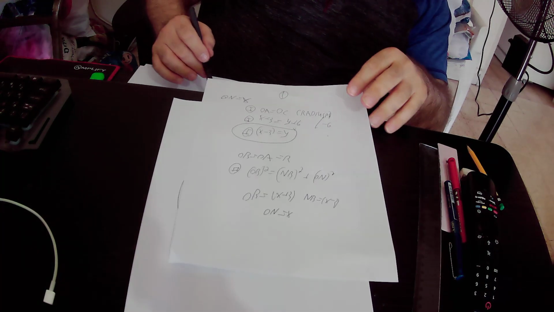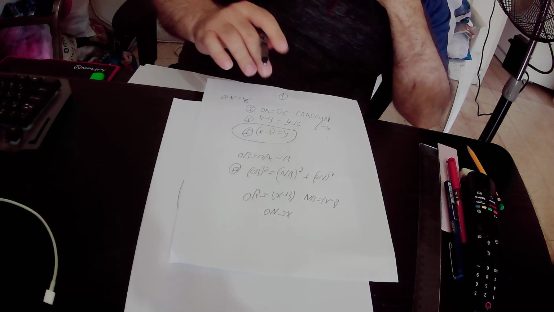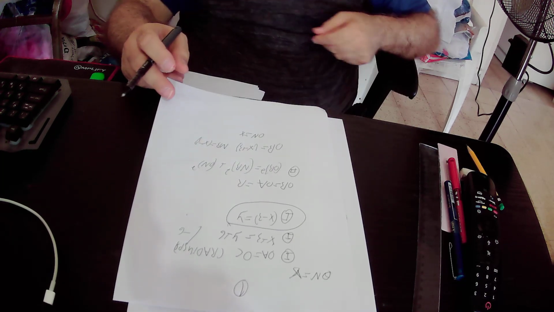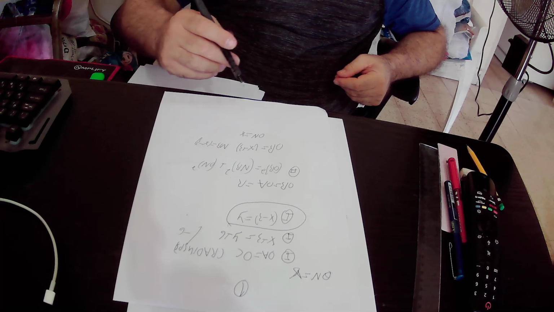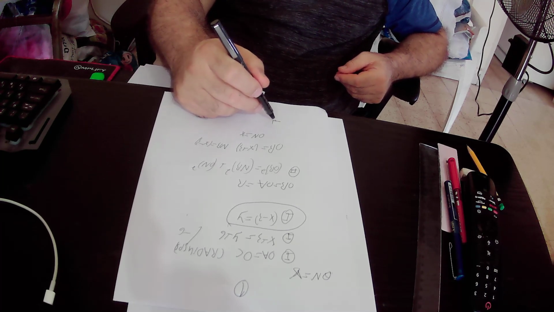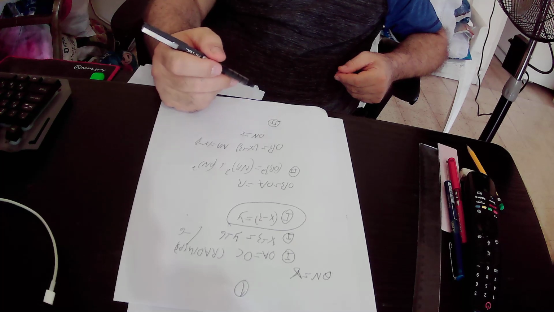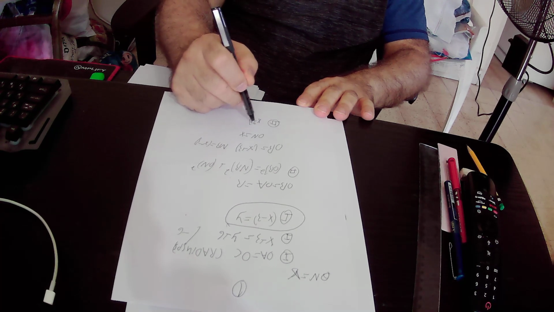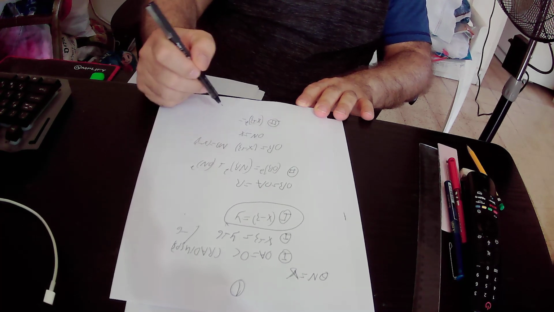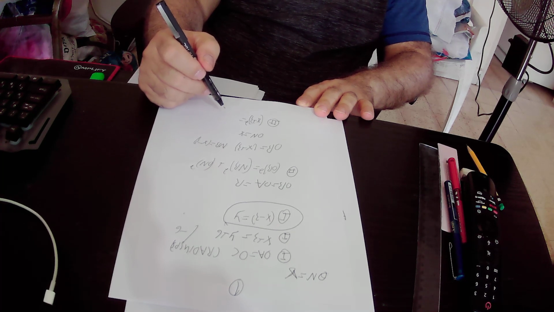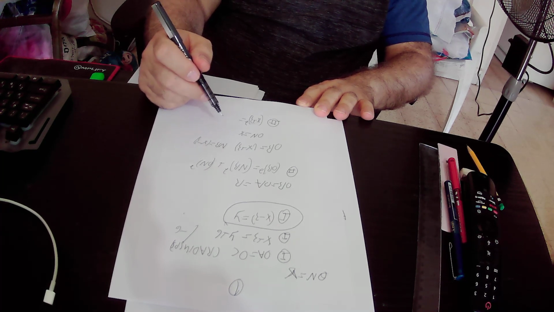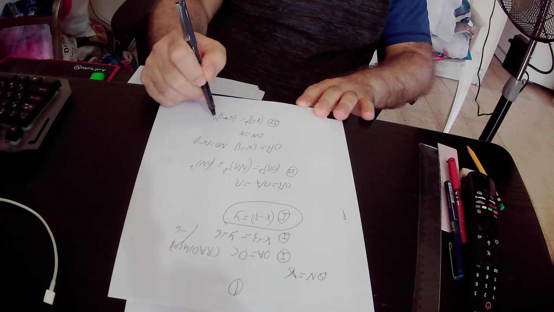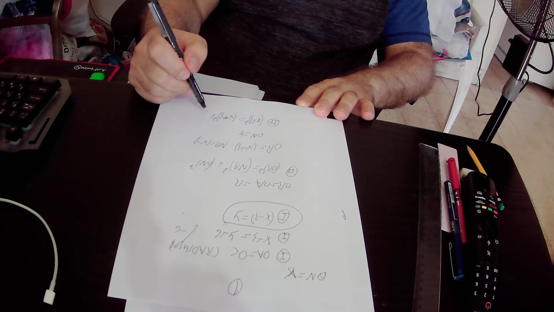Okay, so we can put the data inside equation number 2, and we will get that x plus 3 square equals x minus 3 square plus x square.